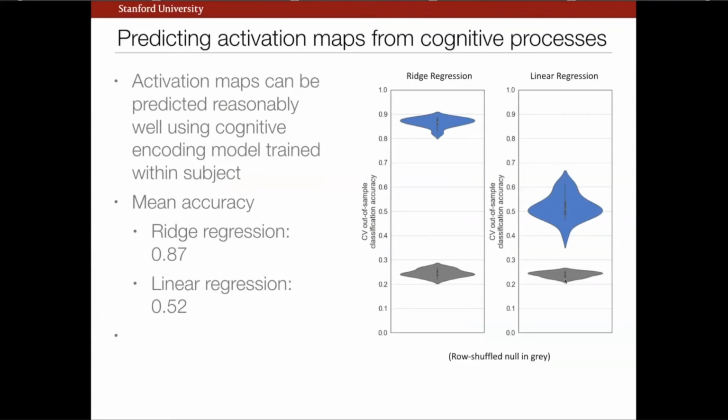And you actually see that we do substantially better if we use ridge regression, and that's presumably due to the substantial correlations in that design matrix. So this shows that we can actually do surprisingly well at predicting activation maps using activation maps from other tasks. And the distributions you're seeing here are distributions across the 24 individuals.